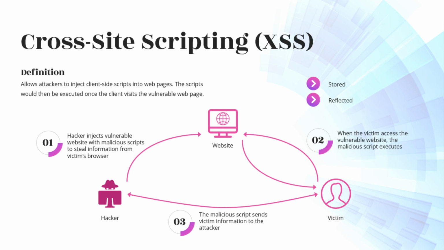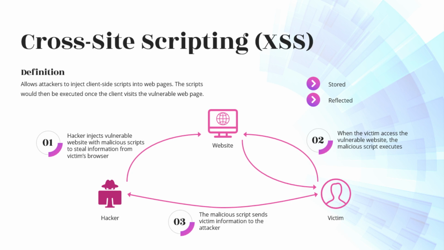Now, cross-site scripting comes in two flavors. It could be something which is stored, or it could be something reflected. Stored meaning that the malicious script that the hacker embeds will be stored on the website or through its database backend, and we'll see examples of this in the coming slides.